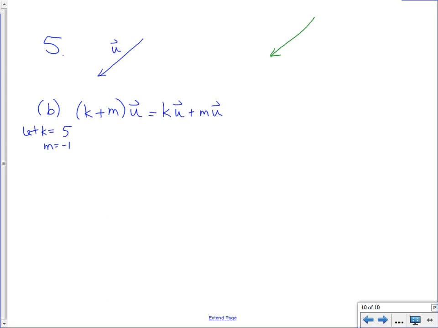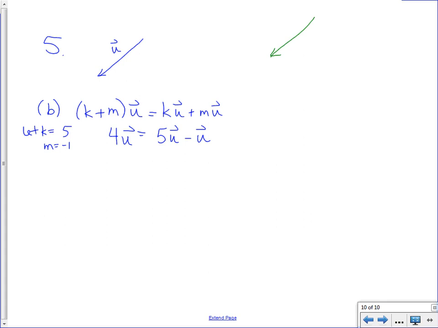Does everyone see that the left side is going to be 4 vector u, and on this side I'm going to have 5 vector u minus 1 vector u? I'm going to leave it like that. I'm not going to simplify it because the whole point is to show this geometrically, not algebraically.